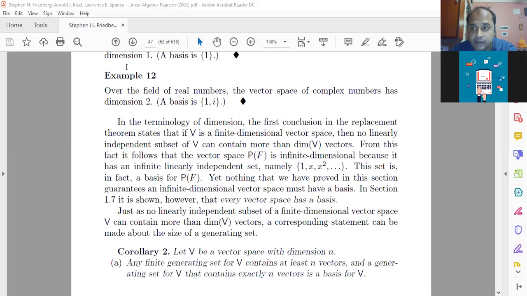If the dimension is not known, then you have to show both of these.